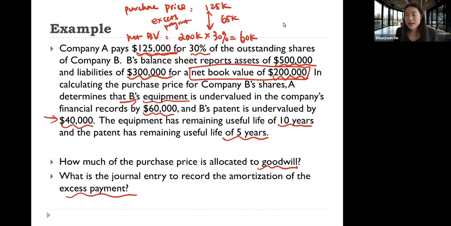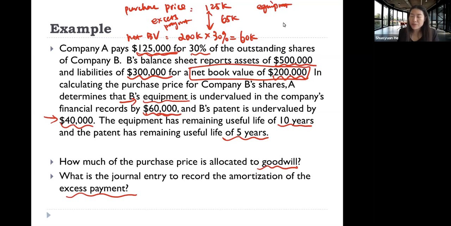So the next step is to allocate this excess payment. How do we allocate it? There are two assets we can identify which have a difference between fair and book value that may contribute to this excess payment. One is the equipment.